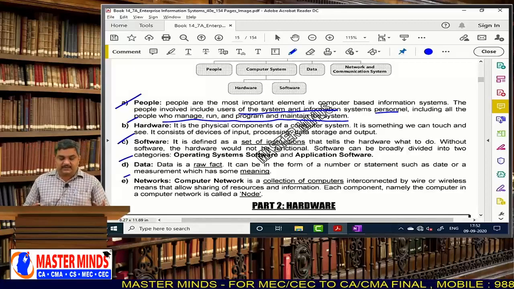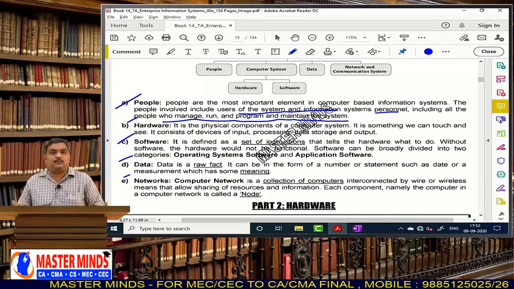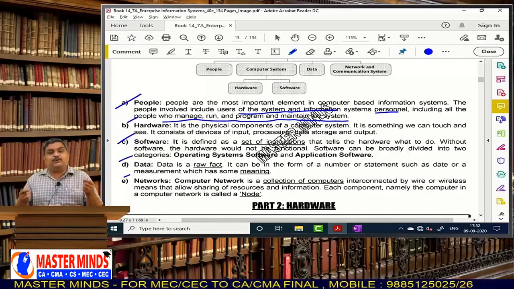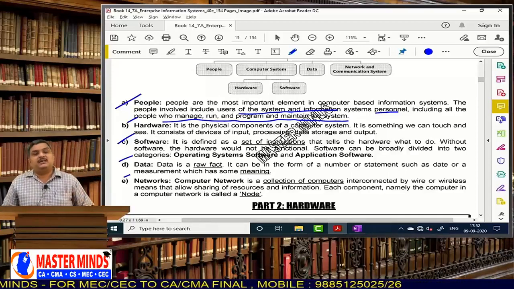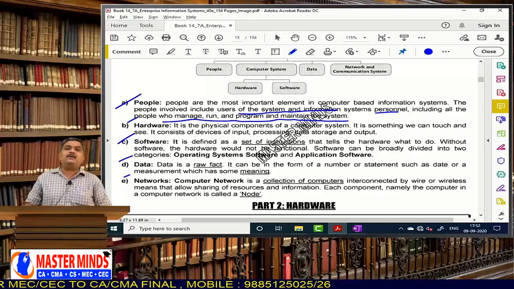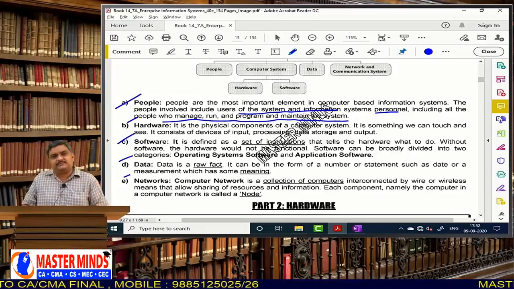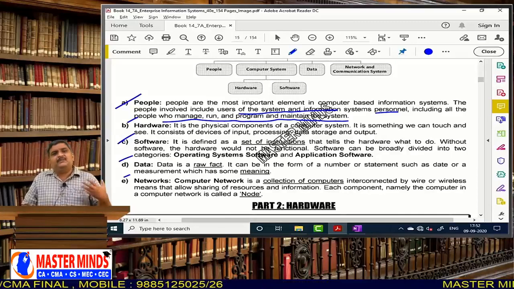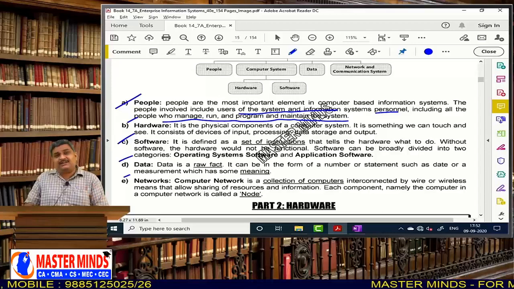Coming to hardware. Hardware means what? It is the collection of physical components, the tangible components which you can touch and see. So hardware is fundamentally required to set up an information system. Hardware means all the servers, the firewalls, the network gear, the telecom gear. Gear means equipment.